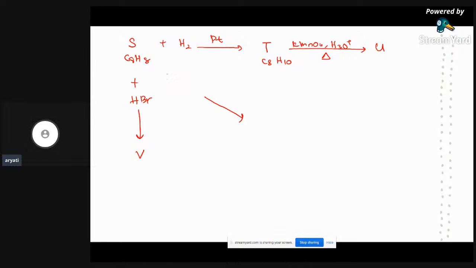So ozonolysis of S must first react with ozone, then number 2, followed by hydrolysis with zinc and water in the acidic medium.